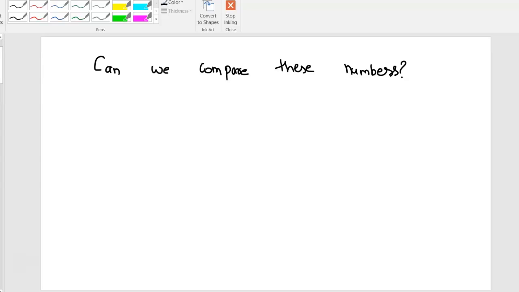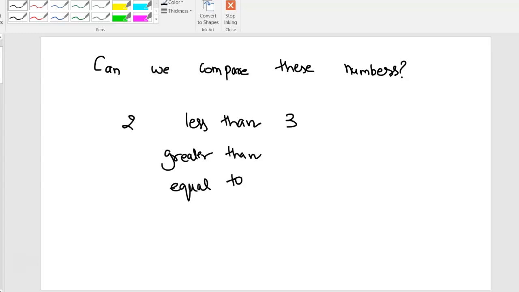So to compare numbers, we use three signs. Any two numbers could be less than, greater than, or equal to each other. For example, 2 is less than 3, right? 3 is greater than 2 and 2 is equal to 2.